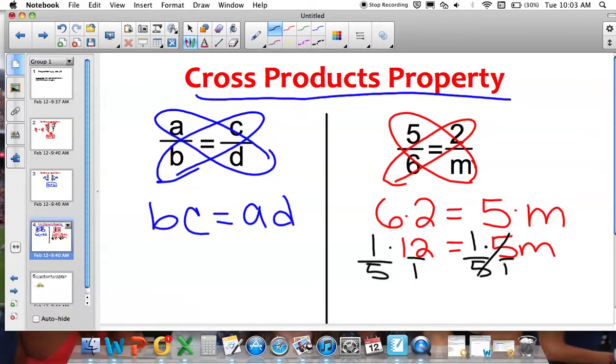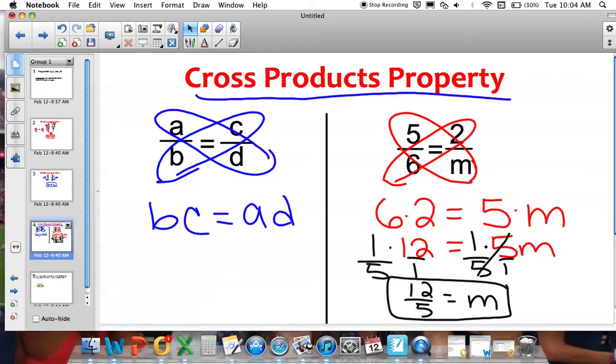Remember the equality property. So we're left with 12 over 5 is equal to m. This wasn't a clear number that you could see right off the bat. You didn't know that m was obviously 12 over 5. That's not something that's very clear and obvious just when you look at it. So this is a case where you would use the cross products property.